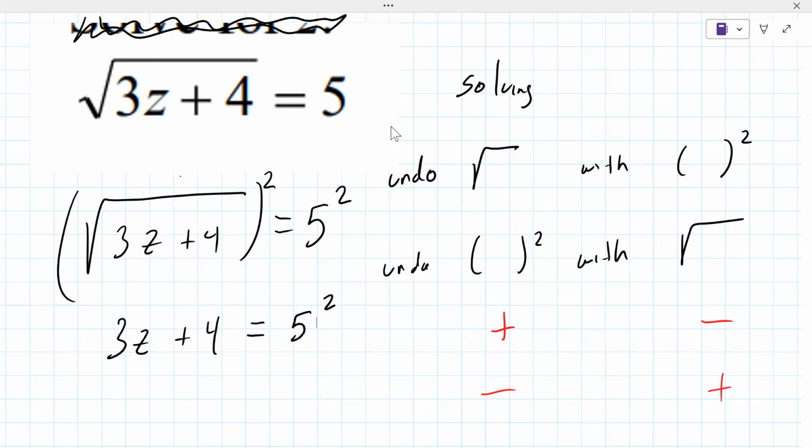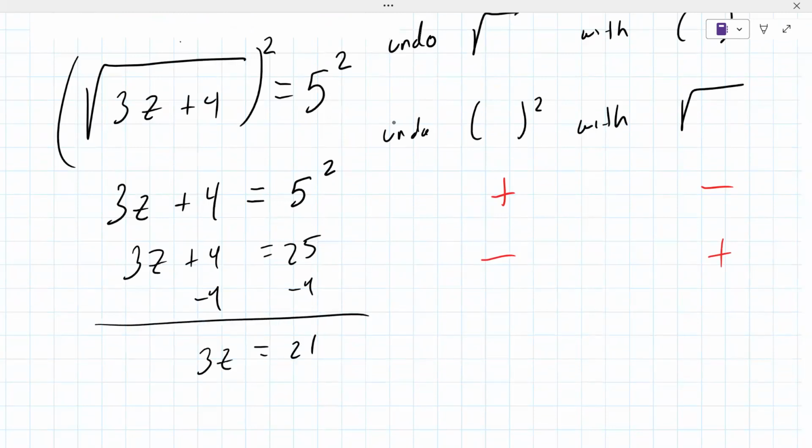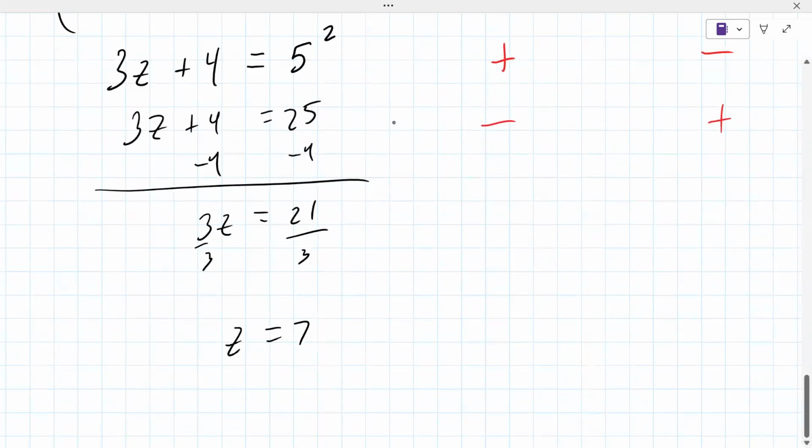Would it be 7? It is 7, yeah. 3z plus 4 equals 25. When you subtract 4, you get 21. Divide by 3, you get z equals 7. So the key thing for you here is to recognize how you undo it.